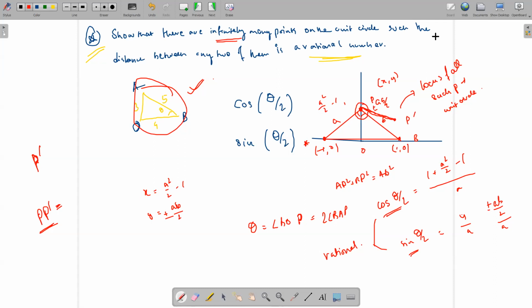Suppose p subtends an angle theta and p dash subtends an angle theta dash. You use the Pythagoras formula, take the x and y values for both, and it's a calculation. But this should be 2 sine of theta dash minus theta by 2, right?